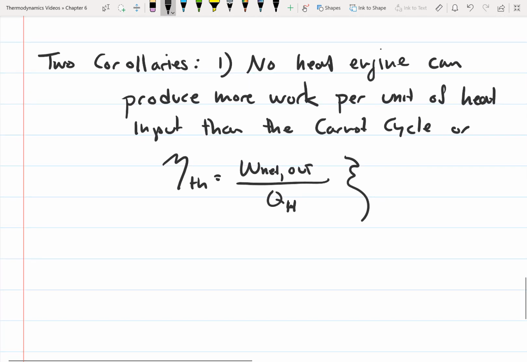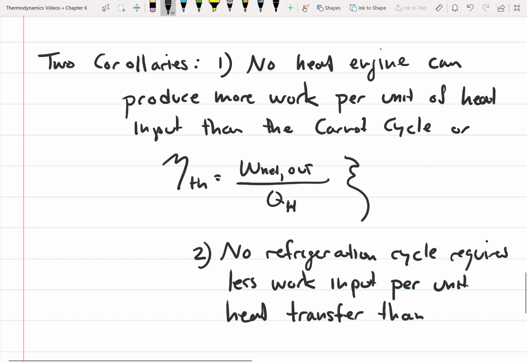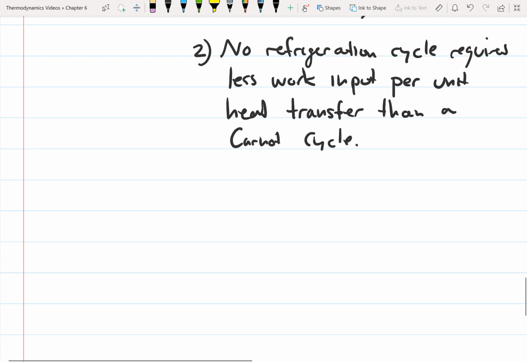And then we can write a similar statement for the refrigeration cycle. So no refrigeration cycle requires less work input per unit heat, so per unit heat transfer, than a Carnot cycle. So what we want to do is calculate the thermal efficiency for the Carnot cycle.